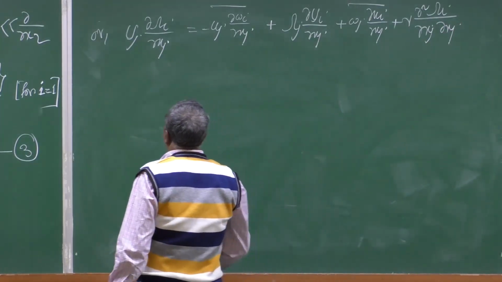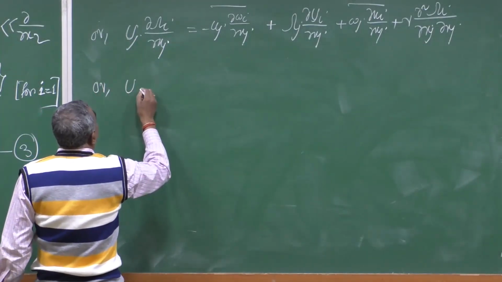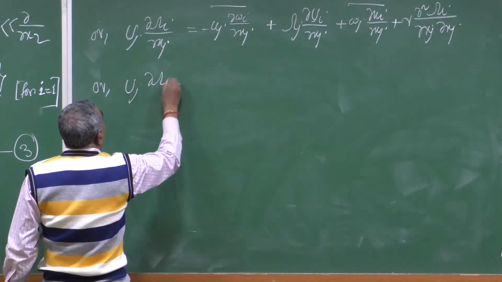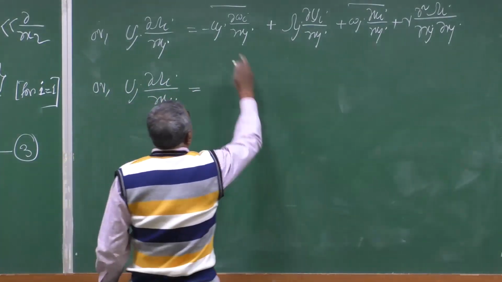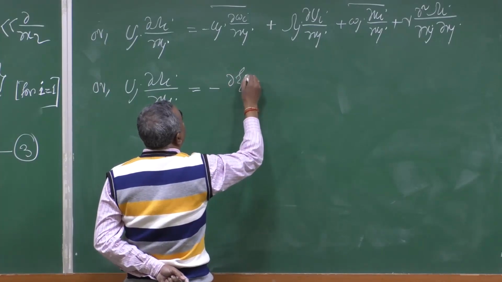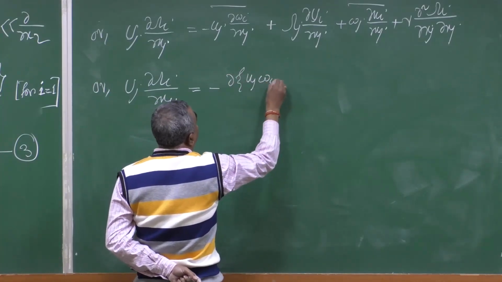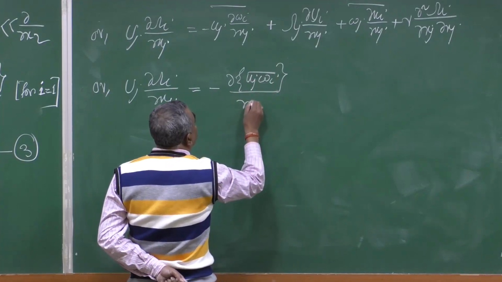Now, another line of simplification can also be written. Let me write it, and after that let me discuss. See, this particular term we can write, using continuity, as u j omega I bar del x j.